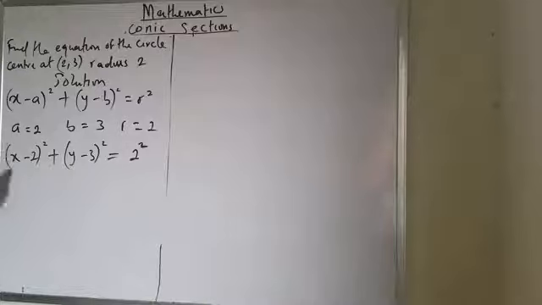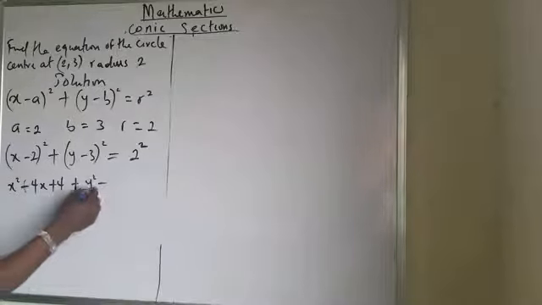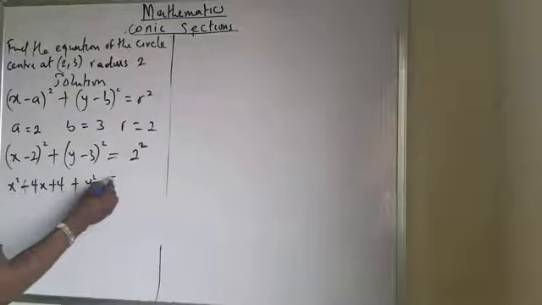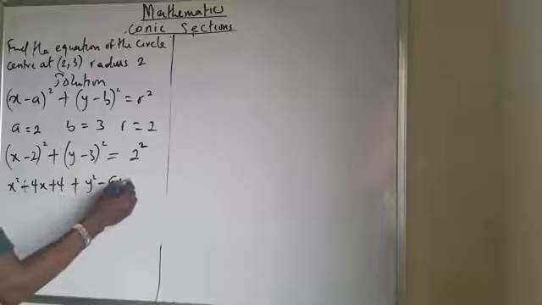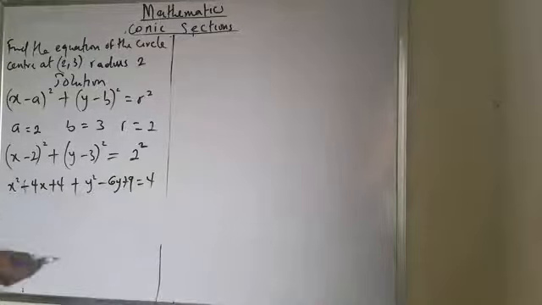Now, if I open the brackets, we have x squared minus 4x plus 4 plus y squared minus 6y plus 9 equals 4. I've just opened the brackets and I continue my work.